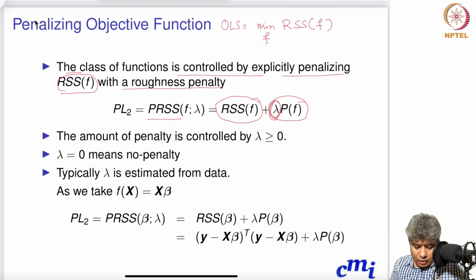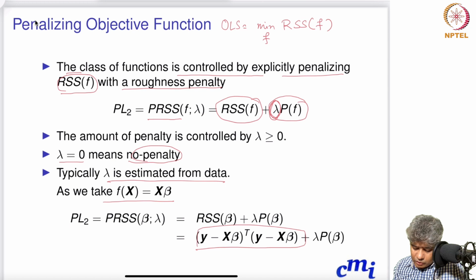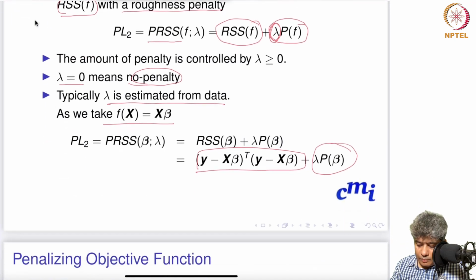If lambda equals 0, there is no penalty. The higher the lambda, the more the penalty. And typically lambda is estimated from the data. So we take f(x) equal to x beta generally, and the residual sum of squares of beta will be (y minus x beta) transpose (y minus x beta). So this is the residual sum of squares of beta, and then we put a penalty term on the beta. That's how we typically work.